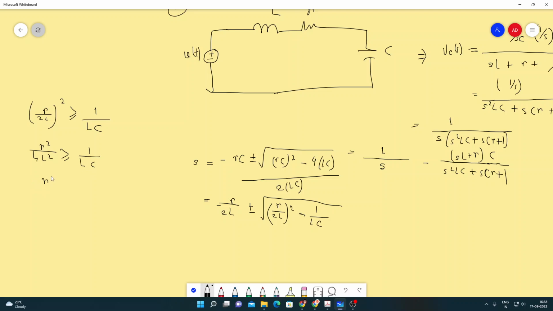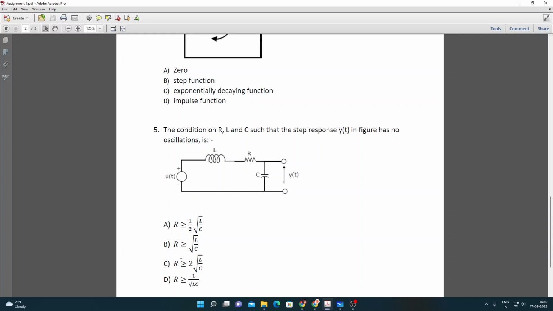Or I can write R square by 4L should be greater than or equal to 1 by C. Or R will be greater than or equal to 2 root over L by C. So this is the condition. This is option C.